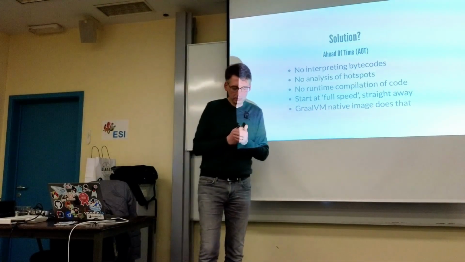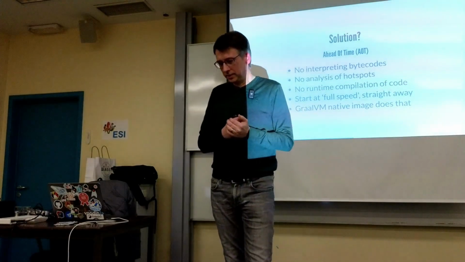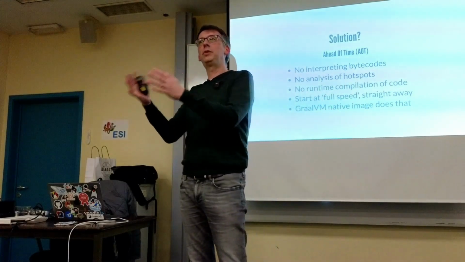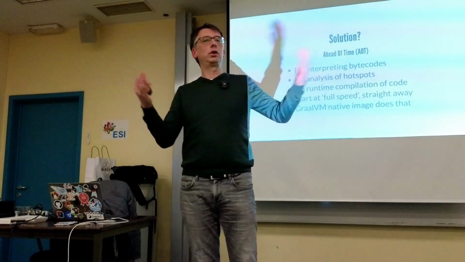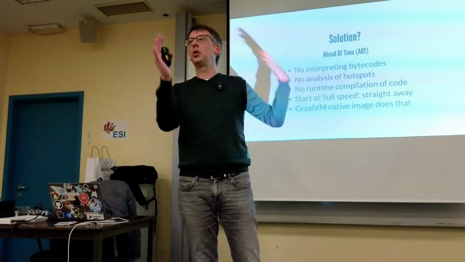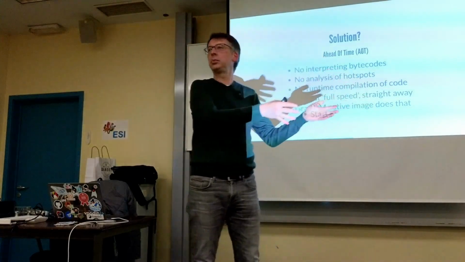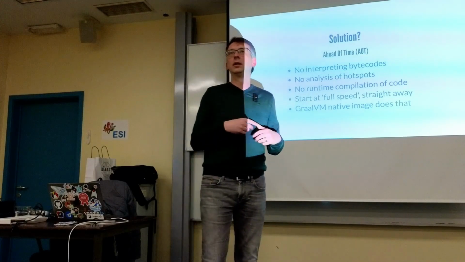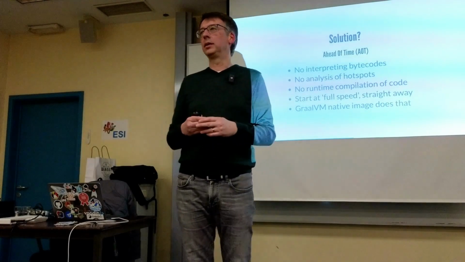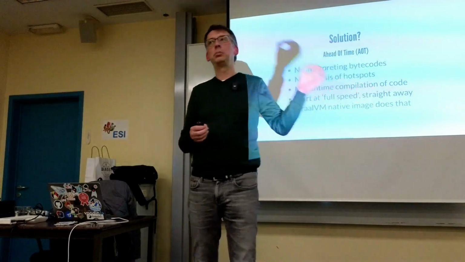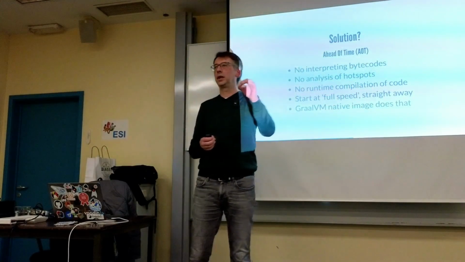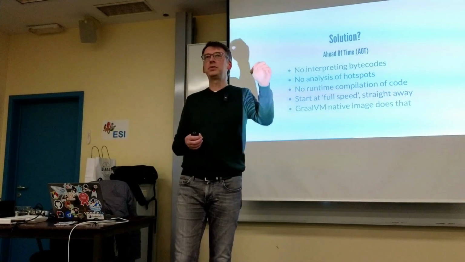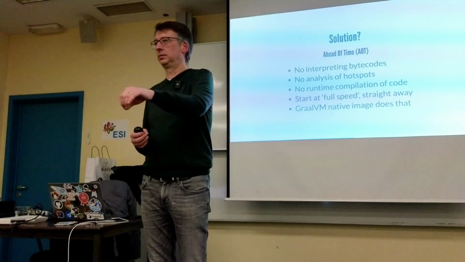So the idea of GraalVM is, instead of making code that can be executed on every platform, we know we have a production system and it's only running on Linux with an Intel processor in Amazon on that type of machine. So we don't need code that can be executed everywhere. So let's build, in our build pipeline, instead of a jar file, a native Linux application for this specific Linux and processor.